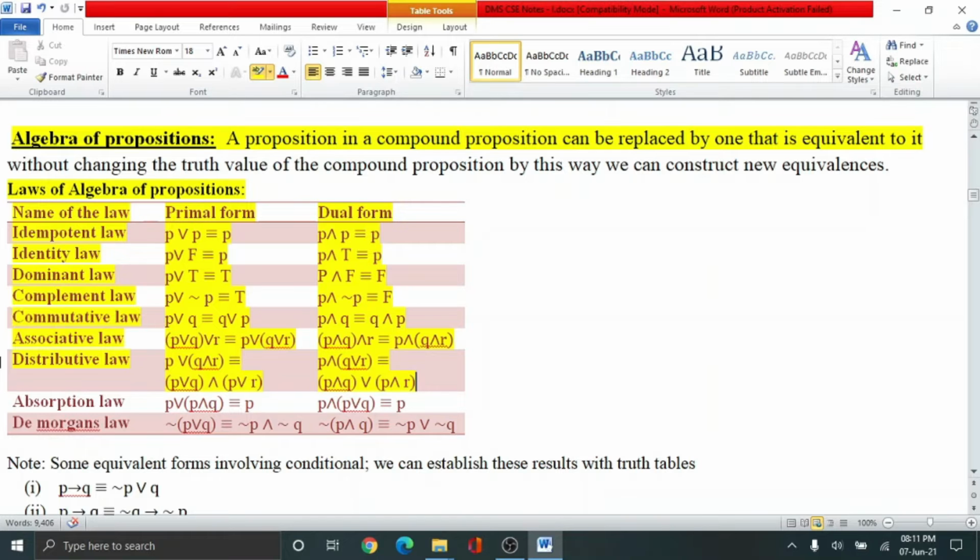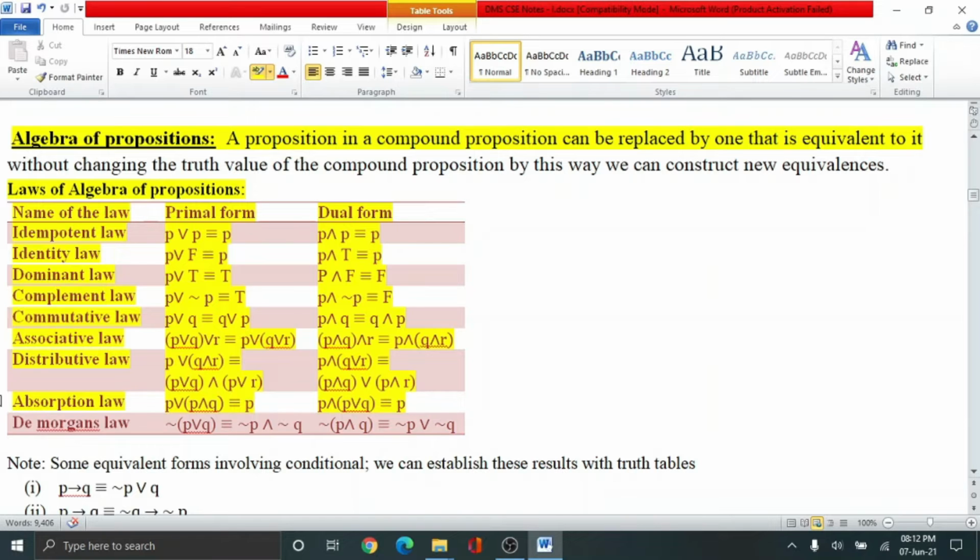P disjunction Q conjunction R is equivalent to P disjunction Q and P disjunction R, and its dual form is given as P conjunction Q disjunction R is equivalent to P conjunction Q disjunction P conjunction R.